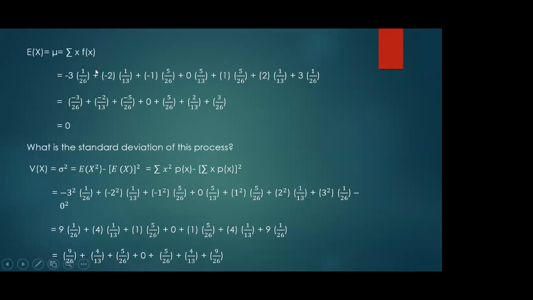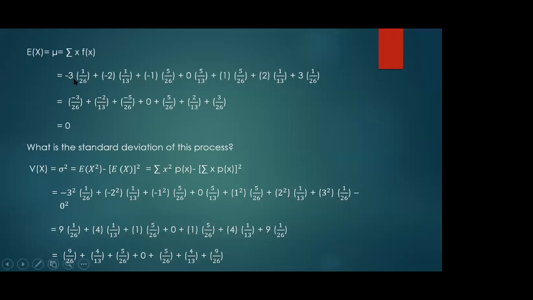Yeah, which is equal to the sum of x times f of x. So the first one was -3. I remember that we calculated the f of x values by substituting the values of x.